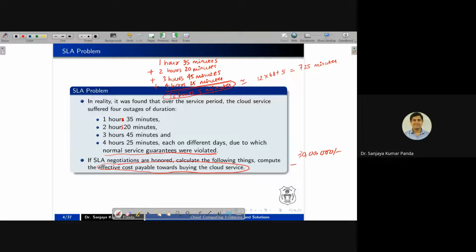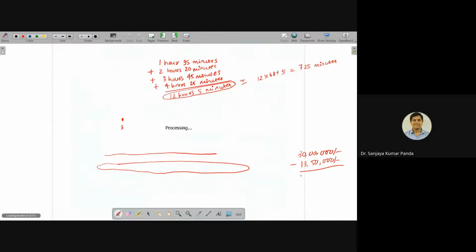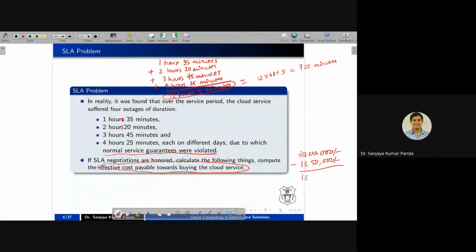But as the service is not provided as per the terms and conditions, we are going to charge 13 lakh 50,000. So the effective price is 16 lakh 50,000. Company X has to pay 16 lakh 50,000 to provider P.